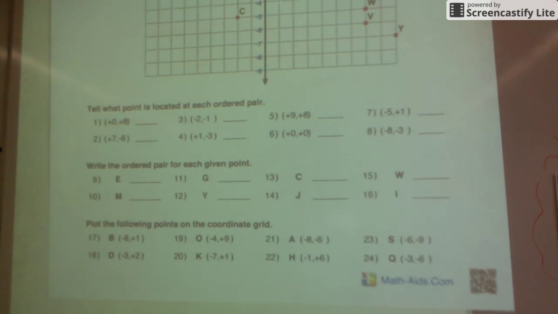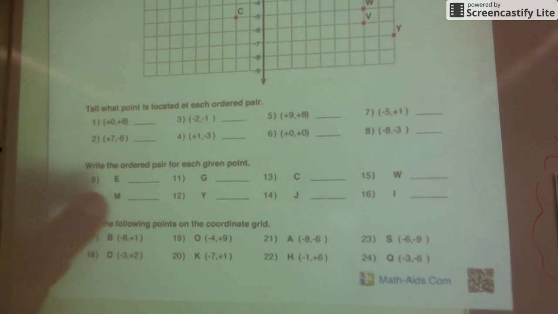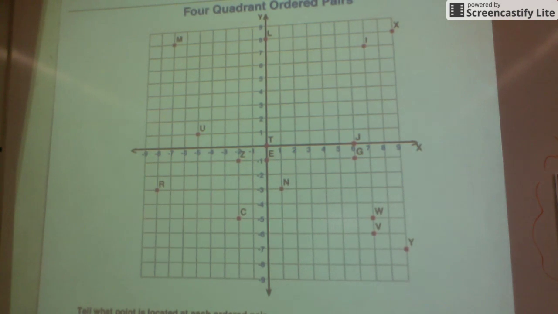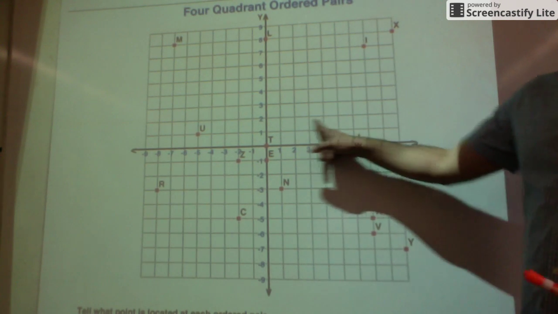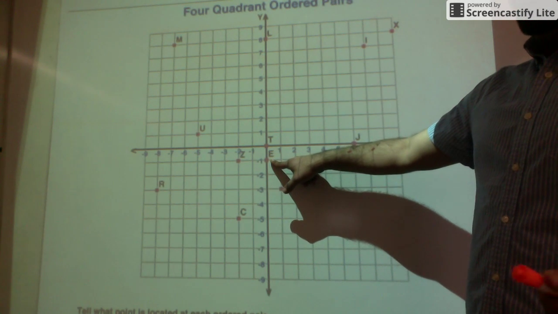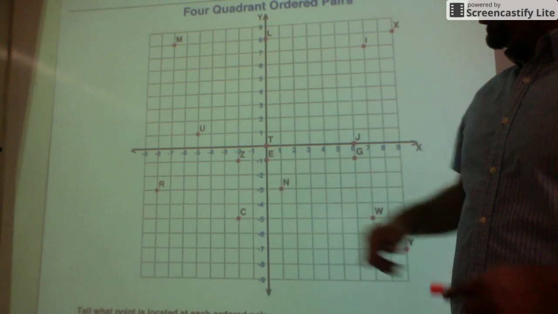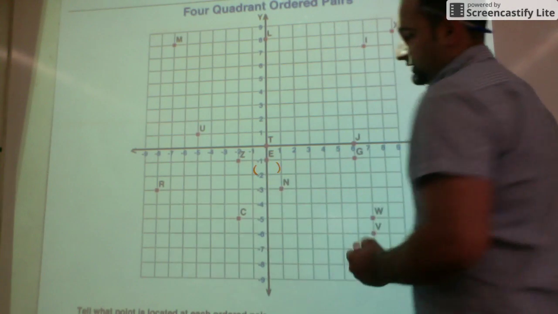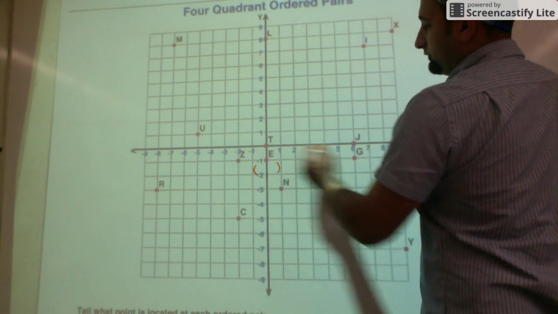Write the ordered pair for each point. So now they're going to give you a point, and you need to figure out what that ordered pair is. So the first one is E. So let's find E first. Where's E? E is here. Okay. So first, let's look at our x-axis. x means going left or right.